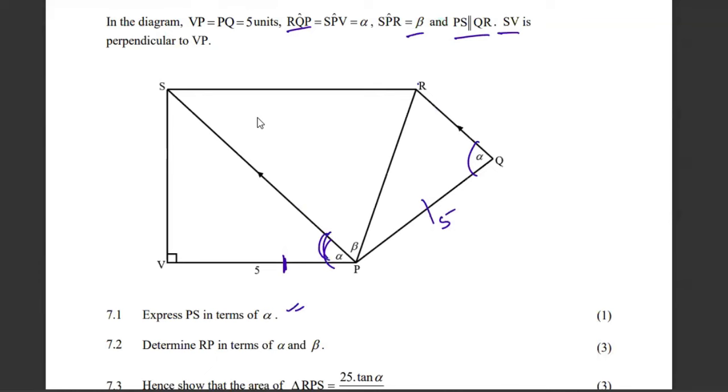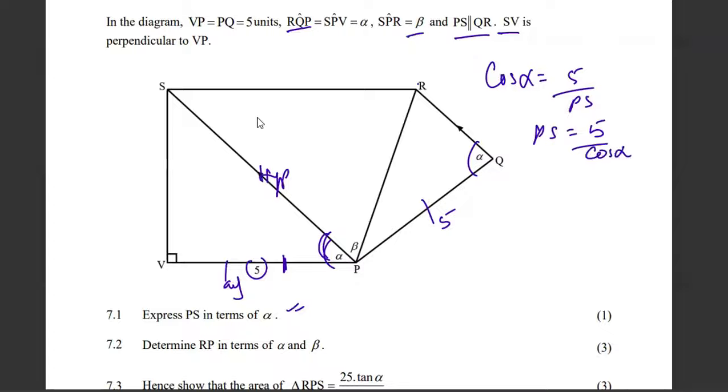So if this is the adjacent, this is the hypotenuse, we're going to use cos. So we're going to say cos of alpha is 5 over PS. So PS must be 5 over cos alpha. So that is 7.1.